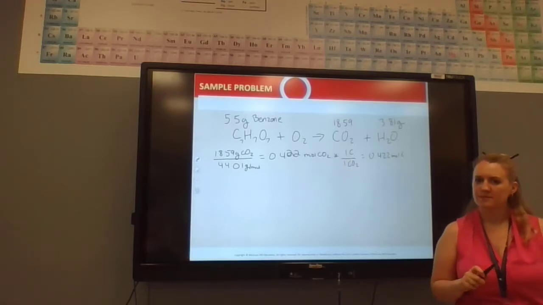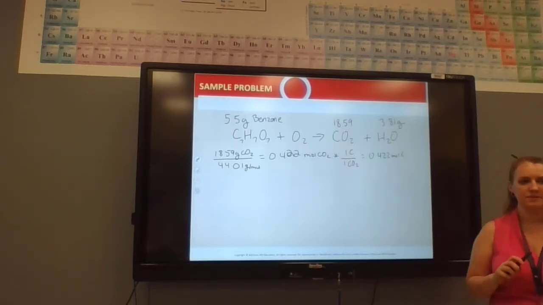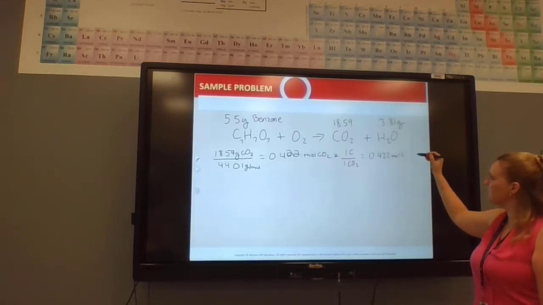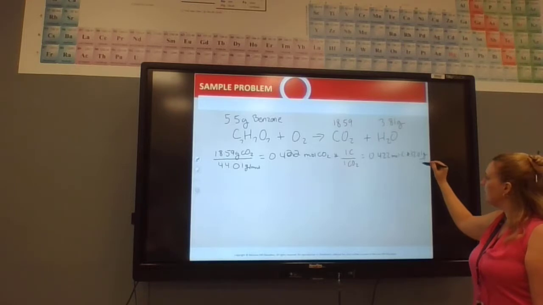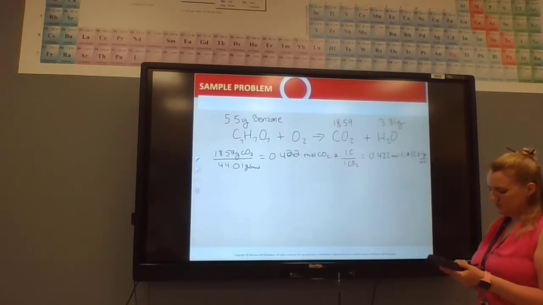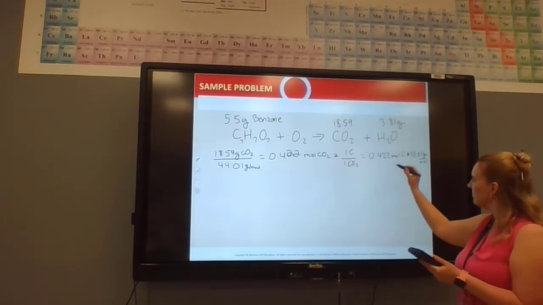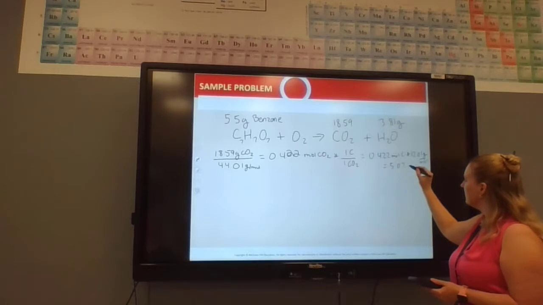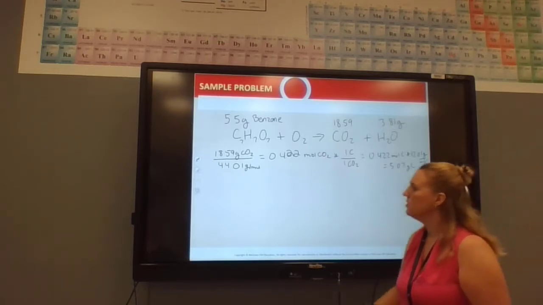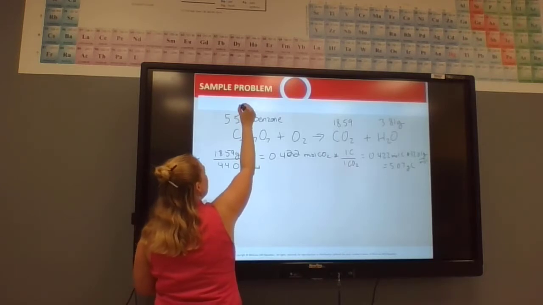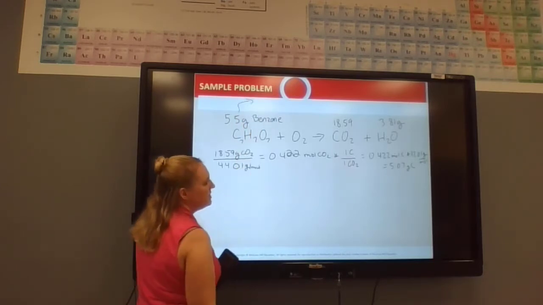Now multiply that by the molar mass of just the carbon, which is 12.01 grams per mole, and that will give me grams of carbon: 5.07 grams of carbon. So now we know of those 5.5 grams of benzene, 5.07 of that is carbon, so it's mostly carbon.